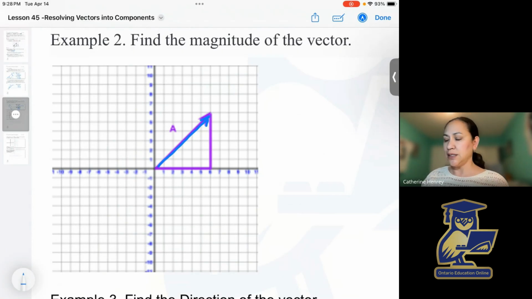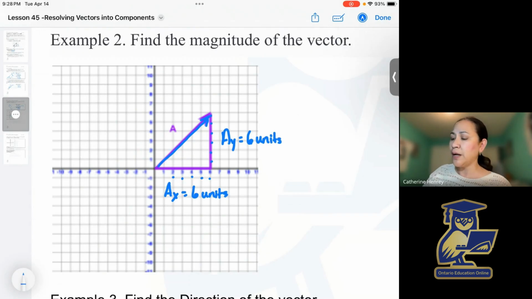But if I take a look at the horizontal, let's call this AX, and we count the units, it's 1, 2, 3, 4, 5, 6 units. And then in the Y direction, again, 1, 2, 3, 4, 5, and 6, it's also 6 units.